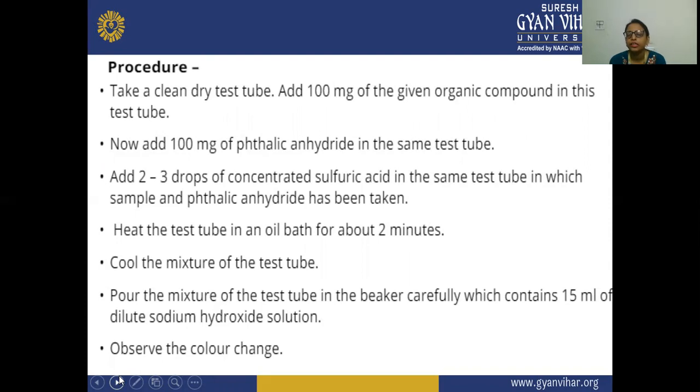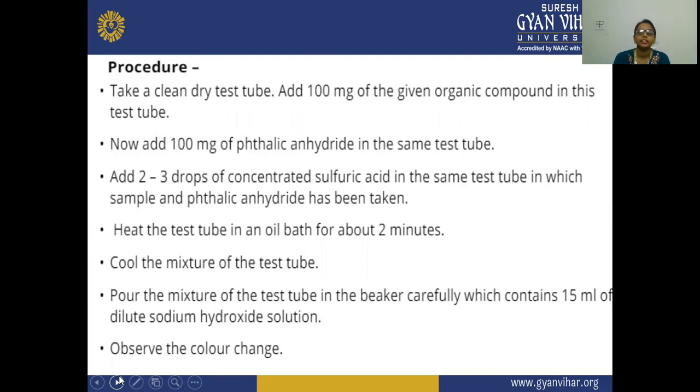After that, we add two to three drops of concentrated sulfuric acid in the same test tube in which the sample and phthalic anhydride have been taken.